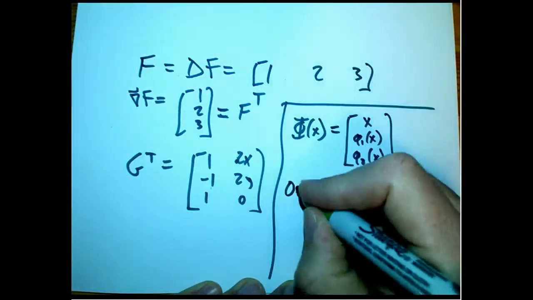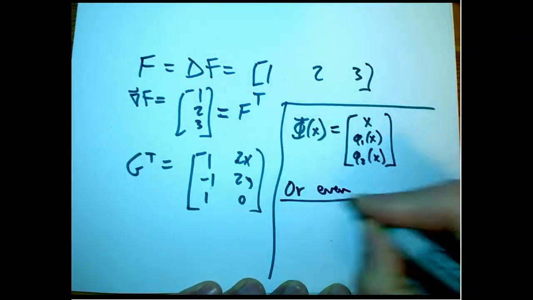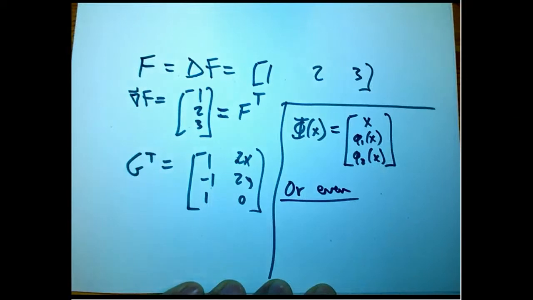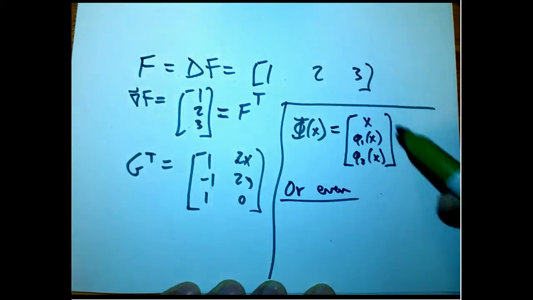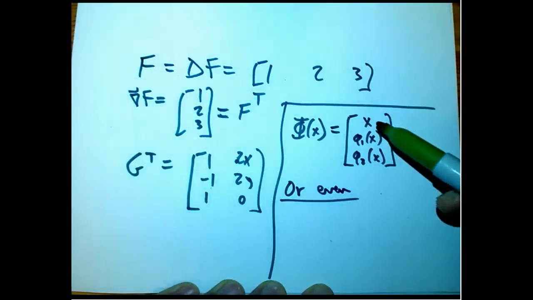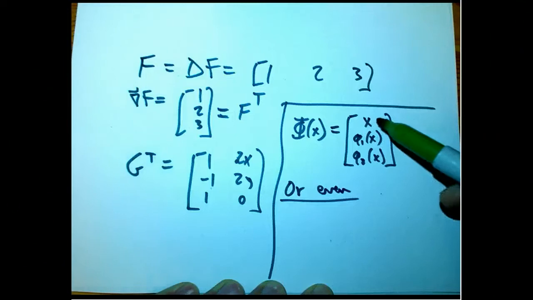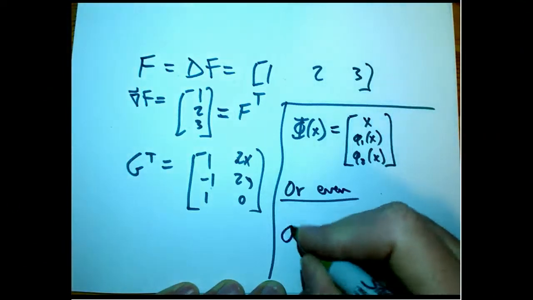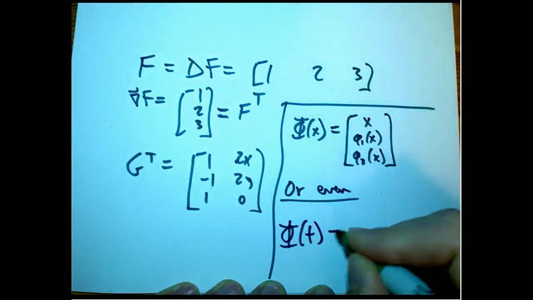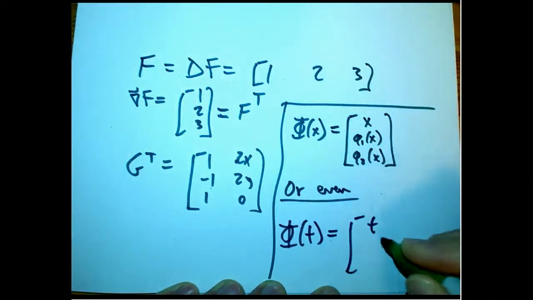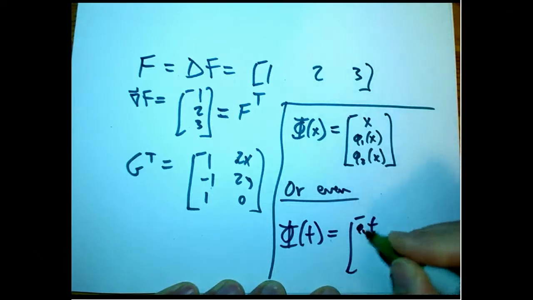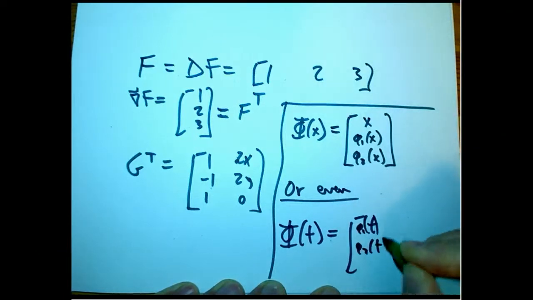What really matters is just that there's some parameterization. It doesn't even have to be the parameterization that the implicit function theorem gives us using one of the variables x, y, z. It could just be that there's some way to parameterize it, period. Like phi1 of t, phi2 of t, phi3 of t.